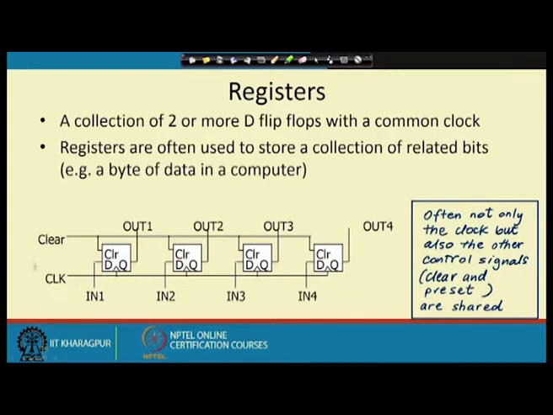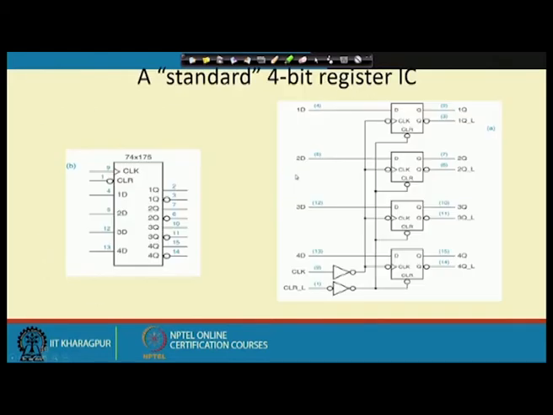Next, we will be looking into the construction of these registers using flip flops. This is a standard 4 bit register IC, 74175. A 4 bit register means there should be 4 such flip flops inside, and each flip flop has one D input, one Q output, and one Q bar output.